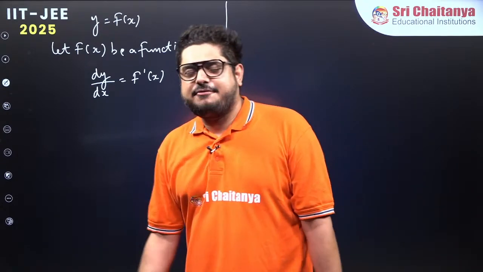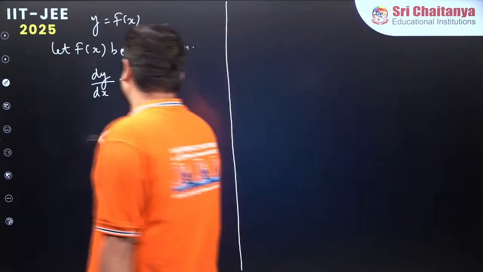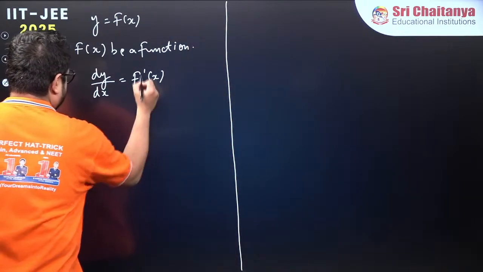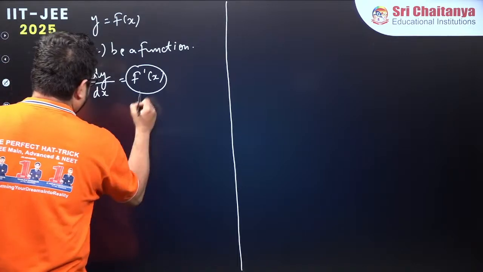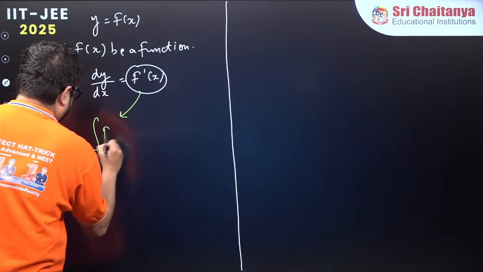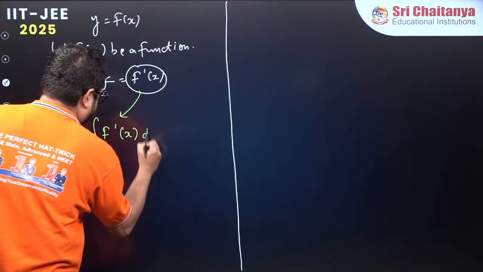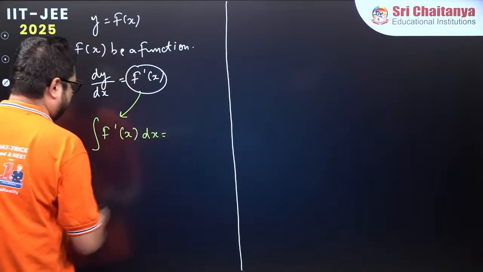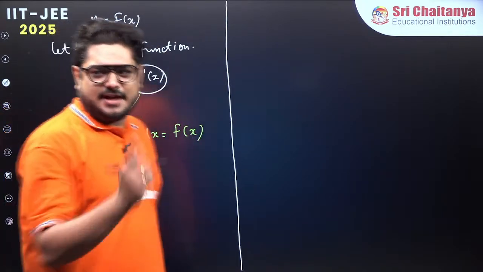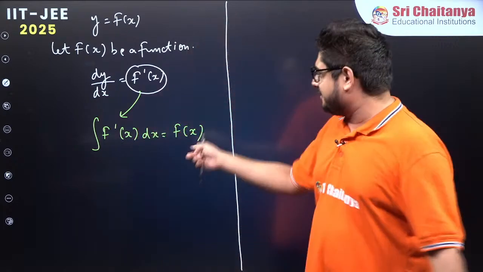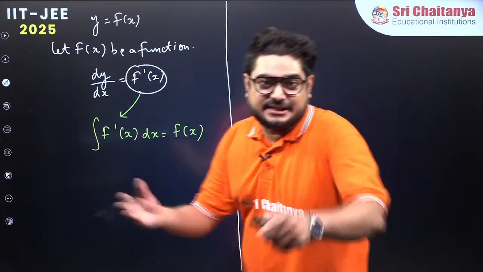So now, if I'm going to be integrating this, let's try to take this function. And what we are trying to do is integrate this once again. If I'm going to be integrating this derivative with respect to dx, trust me, my friends, I will be getting the original function f(x) itself. So henceforth, what is integration?